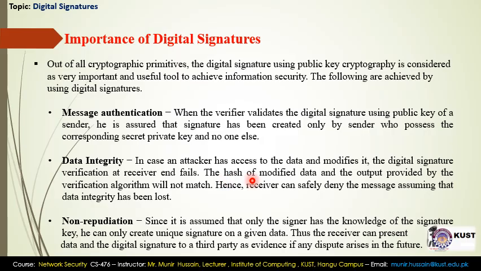The hash of the modified data and the output provided by the verification algorithm will not match. Hence, the receiver can safely reject the message, assuming that data integrity has been lost.